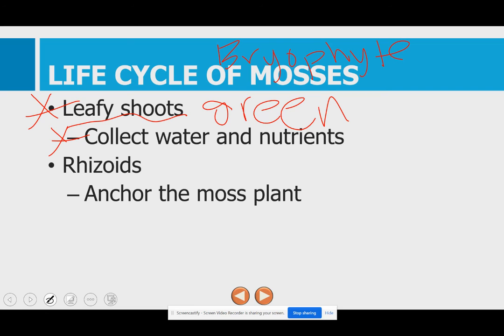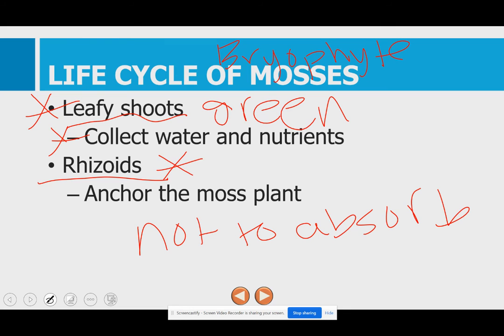Now, these guys don't have roots. What they have are rhizoids. You have to know that word. Their job is to anchor. It is not to absorb water and transport it through the plant. That is not their job. They're not going to absorb water and nutrients like true roots on a plant. The rhizoid's job is to anchor and hold them in place, because we are finding these guys around water.